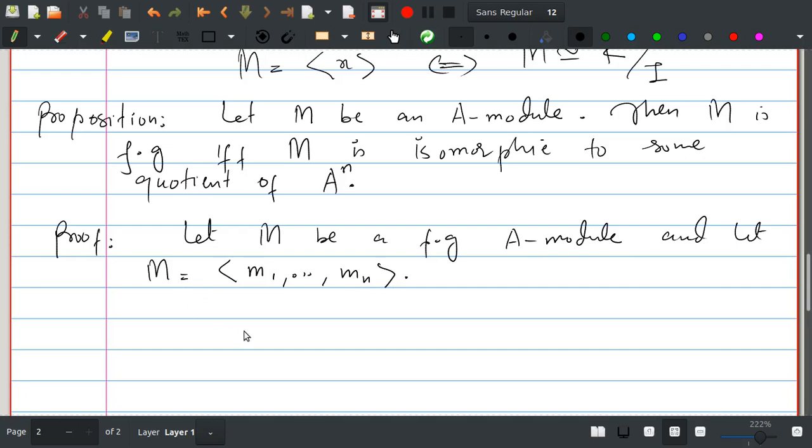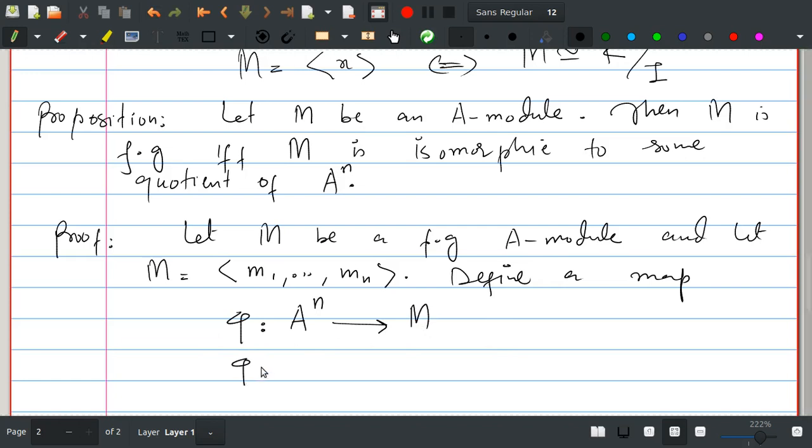Now we can define a map phi from A to the n to M by phi takes the element a1 through an to a1 m1 plus so on an mn.